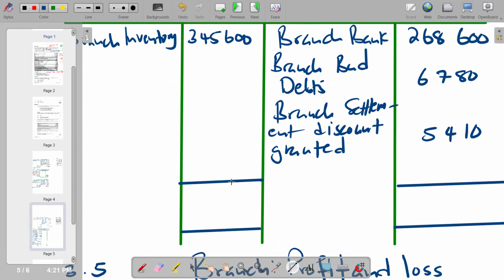If you add the total of the debit and the credit, you are going to see that we've got a greater total on the debit side, whereby we've got 345,600. It also comes on the credit side. Then we subtract everything that we have on the credit side from 345,600, and we get our balance c/d.